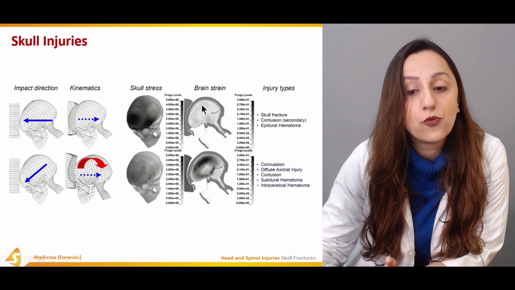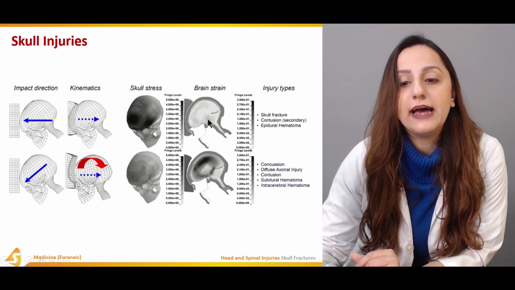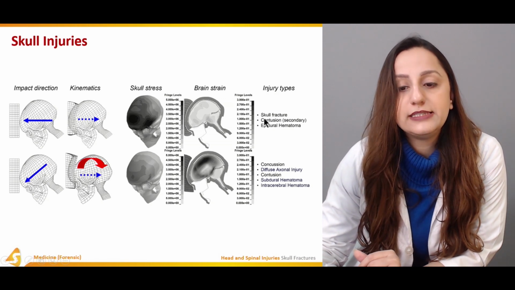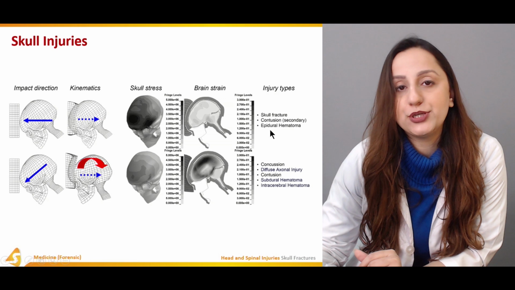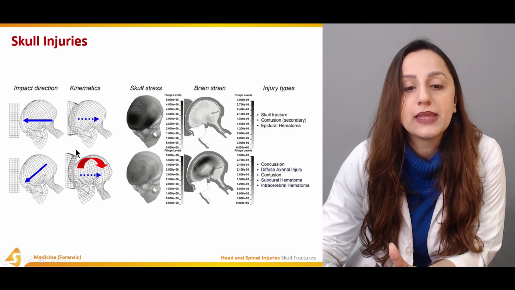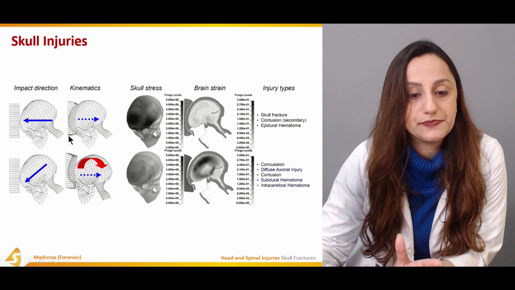That is involved in the coup injuries, that is, the front impact injuries again. And the injury types are usually the skull fractures, the contusions, and the epidural hematoma. So these are the types of injuries that are encountered in the impact injury directly to the front.